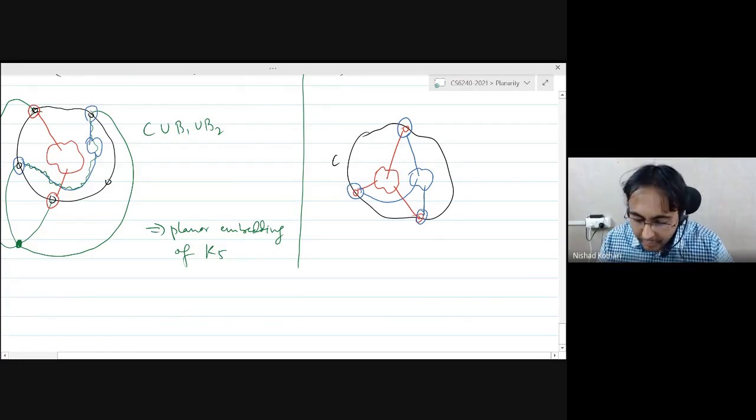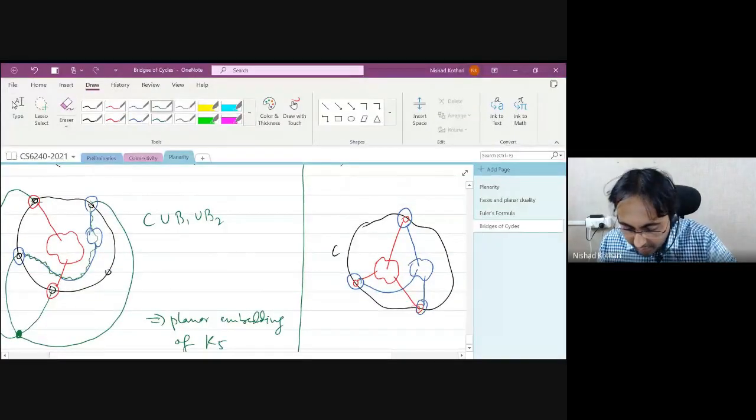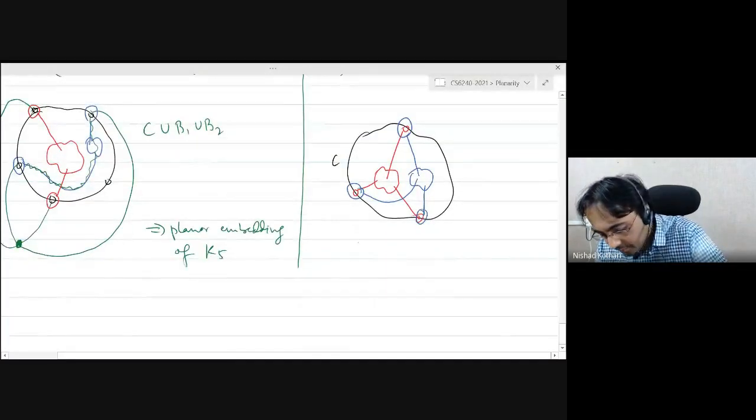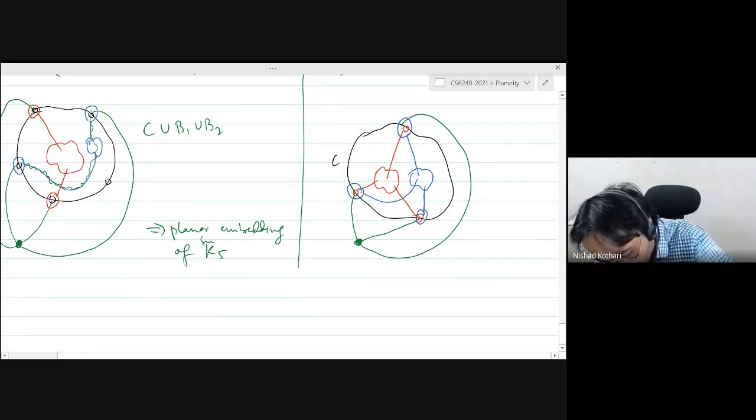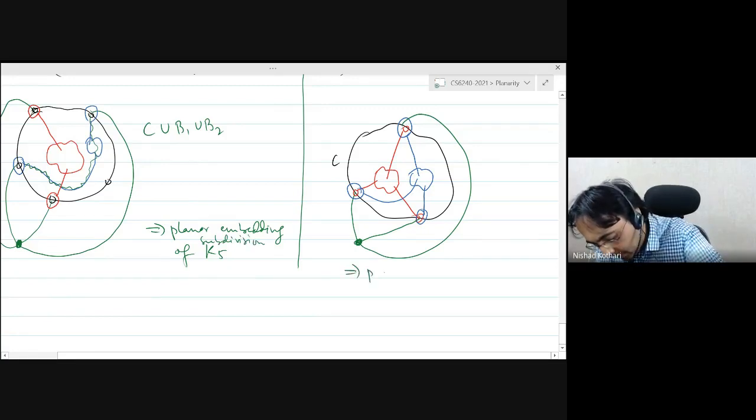And now what you would do is add a new vertex outside and join it to these three guys. And in this case, your goal is to find a subdivision of K3,3. There are some details you need to work out, how to get a subdivision of K3,3, but I will leave that to you.